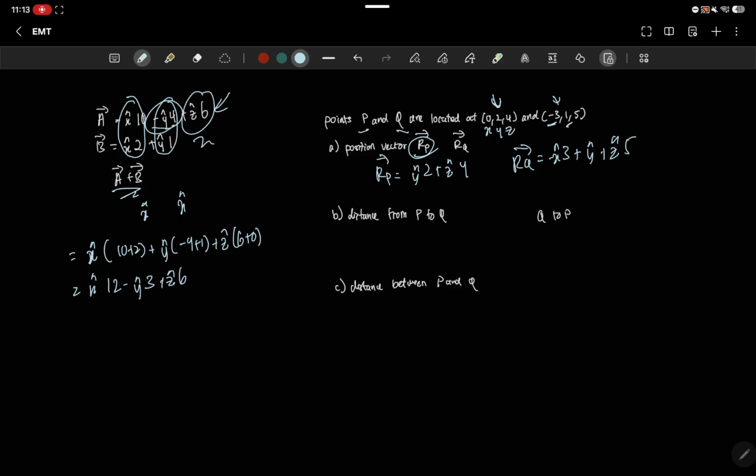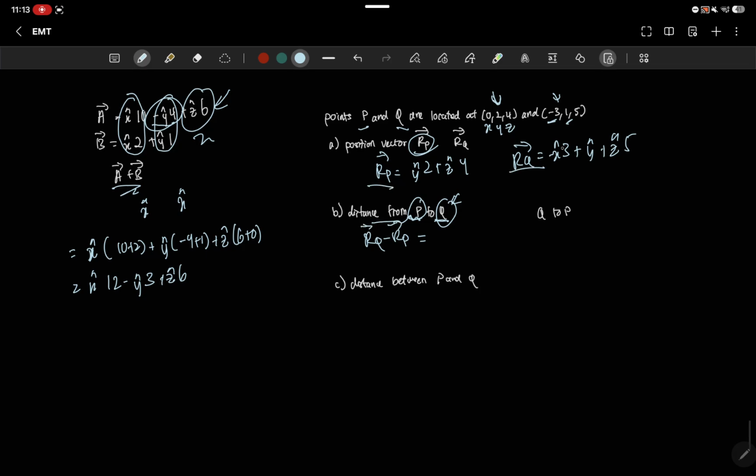Now the distance from P to Q means RQ minus RP. If it says from P to Q, you need to take the second minus the first. In this case RQ minus RP: -3 minus 0 is just -3, 1 minus 2 becomes -1, then 5 minus 1 is 4 for z.